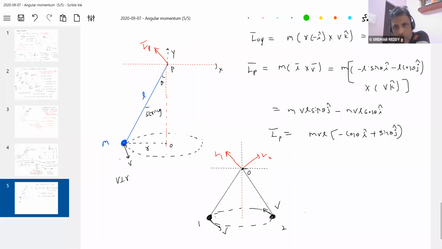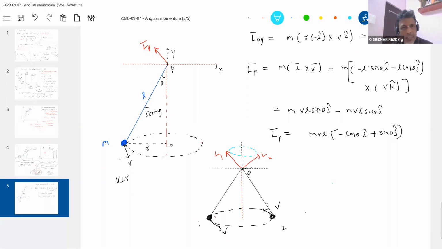To understand, I'm drawing like this. The tip of that angular momentum vector will be rotating in a circular path. What should be the radius of the circular path? It all depends on the magnitude. And also we have to predict that angle. The angle depends upon theta.